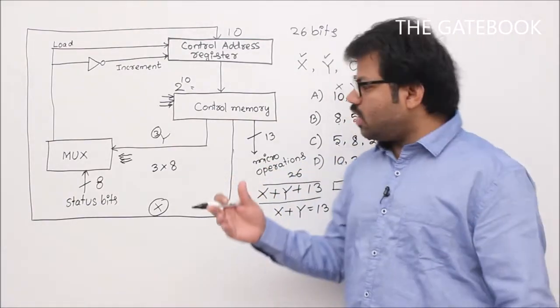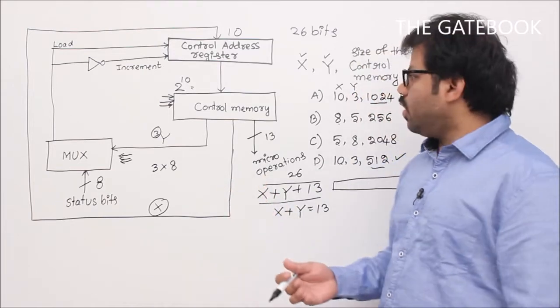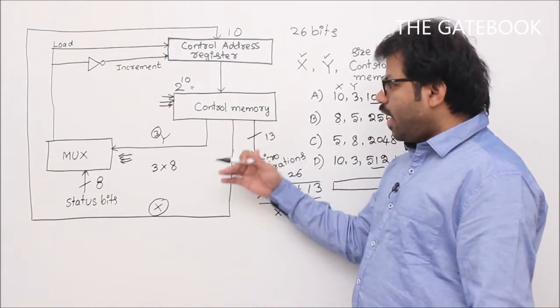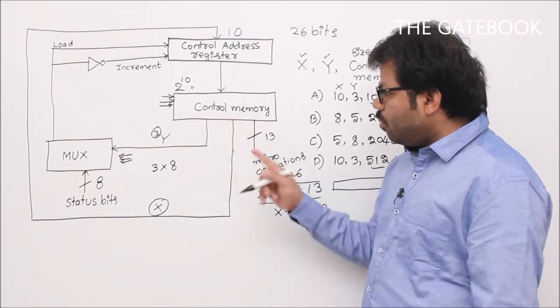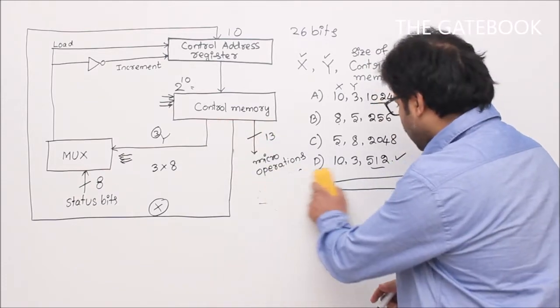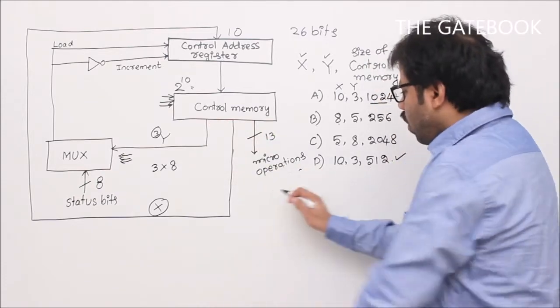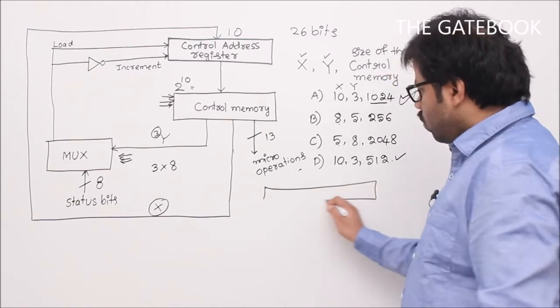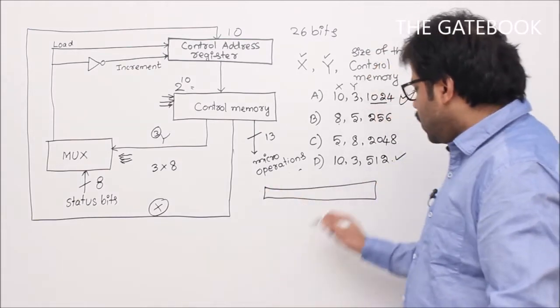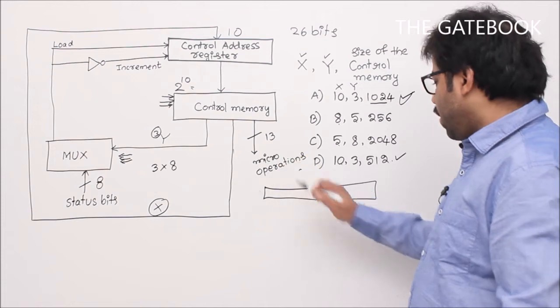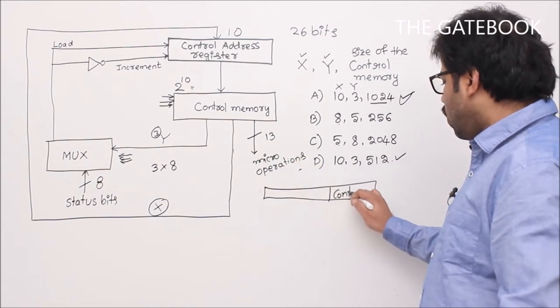But now we'll try to understand what this circuit is. Very simple. In microprogramming, when you have control memory, that control memory will have some set of control words, correct? Some bits will go for micro operations, which means they generate control signals.